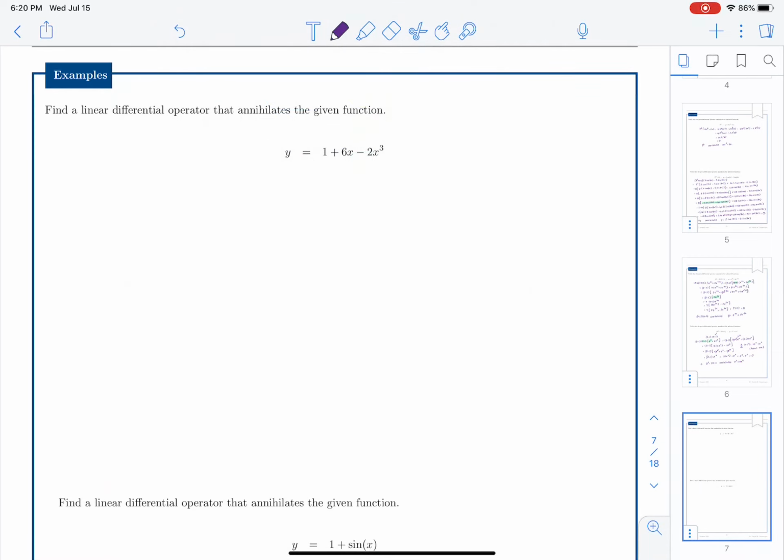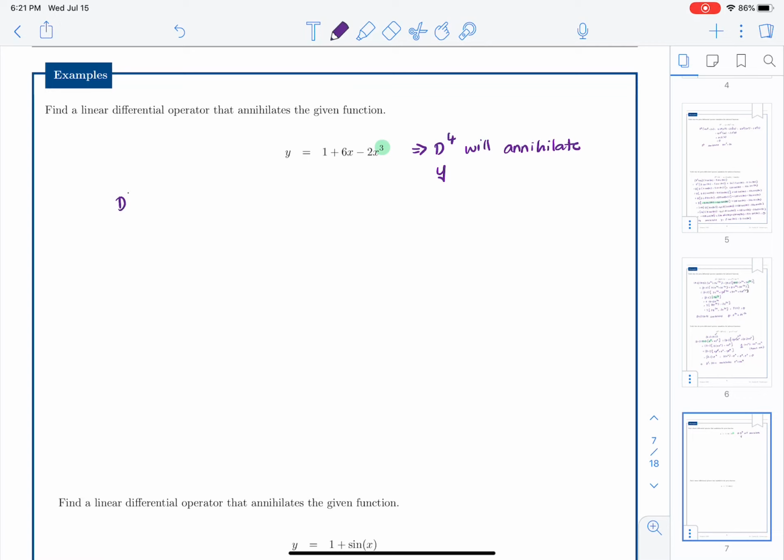I look at that polynomial, and I look at the highest power, which is 3. So that would tell me D raised 4 will annihilate it. Let's see if it's true.